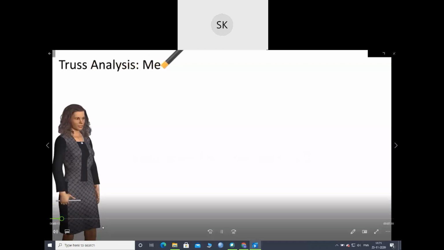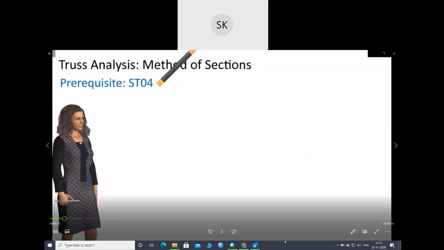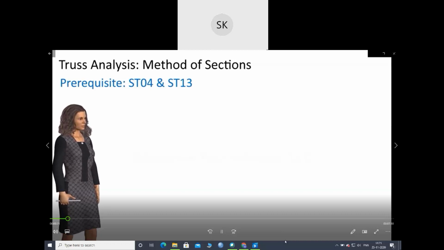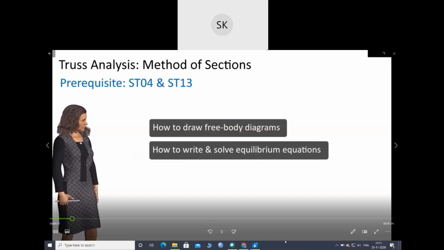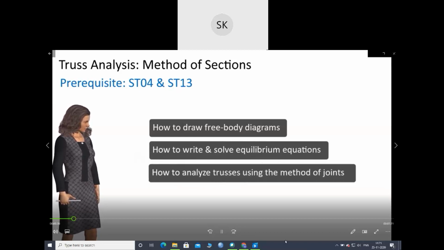This lecture covers the analysis of statically determinate trusses using the method of sections. Please review the previous lectures before continuing with this presentation. More specifically, you need to know how to draw free body diagrams, write and solve the static equilibrium equations, and be familiar with truss analysis using the method of joints.